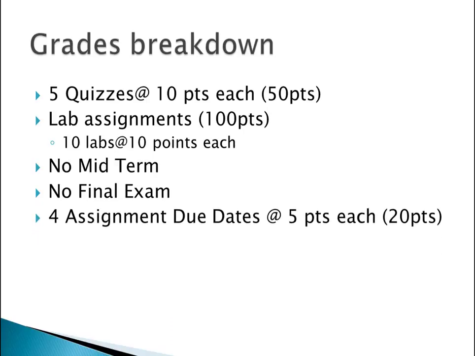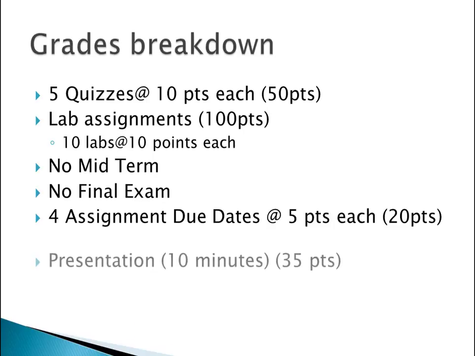There's 4 assignment due dates. Please look at the syllabus for those. Those assignment due dates include your book choice, research questions, your main UCINet dataset, and your attribute dataset. And again, you'll learn what these are as we go along. Those 4 assignments are worth 5 points each, and this comes to 20 points.